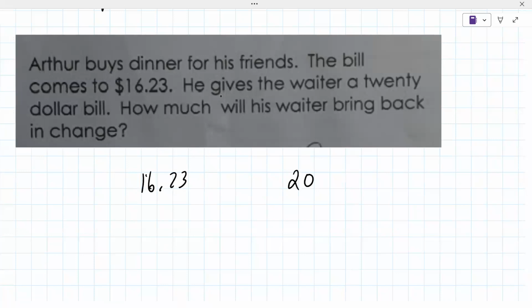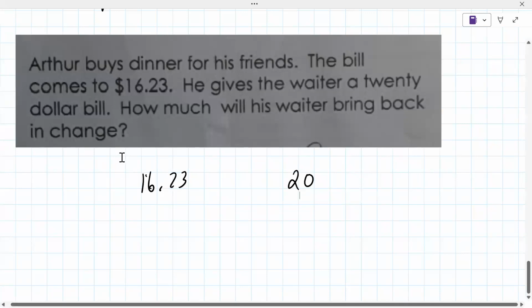Okay. Now there's a lot of things that we could do here. We could add them, we could multiply, we could subtract. What do you think is the right answer here? To subtract. Why subtract?